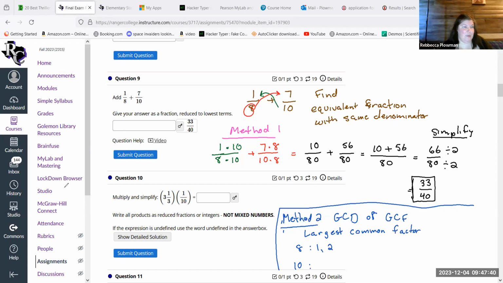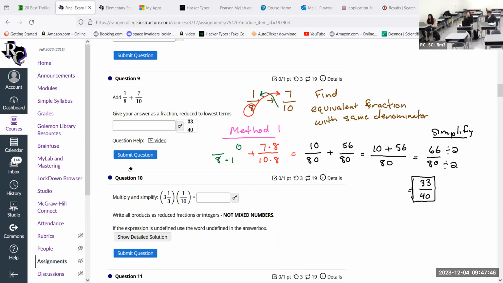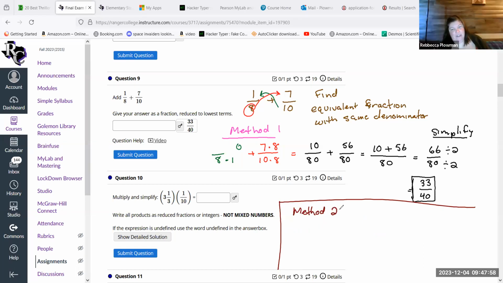I meant an LCM. I don't know why I said GCD. GCD was for something else. I think because I had another class telling me that every time I try to do this, I was doing a GCD. It's an LCM, least common multiple.